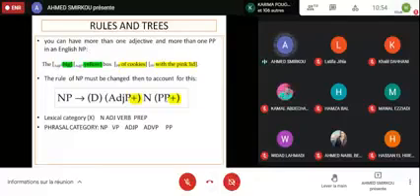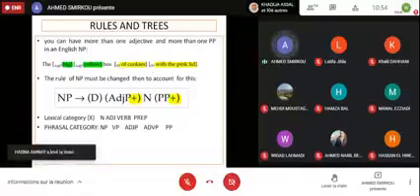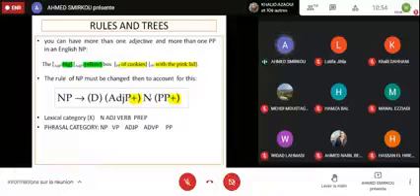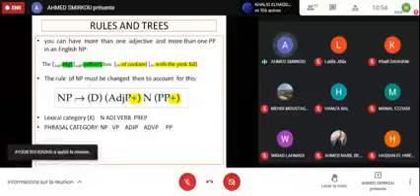So I repeat. In any phrase, only the head should be a lexical category. If we're talking about noun phrase, the lexical category is noun. If we're talking about adjective phrase, the lexical category is adjective.